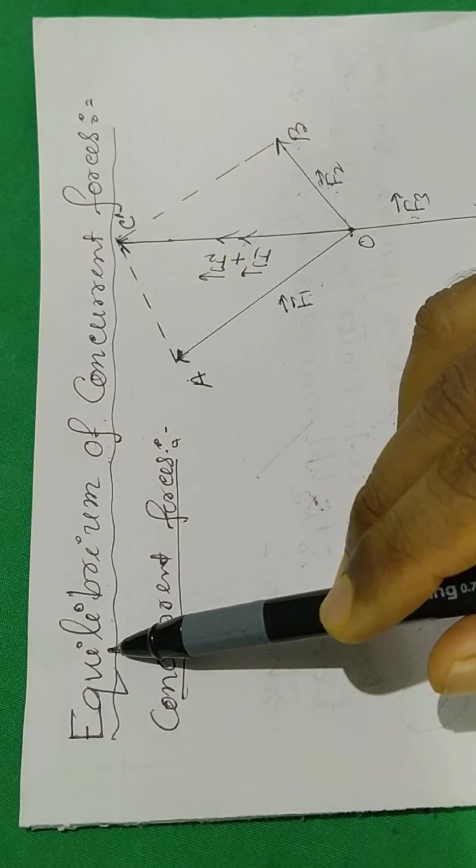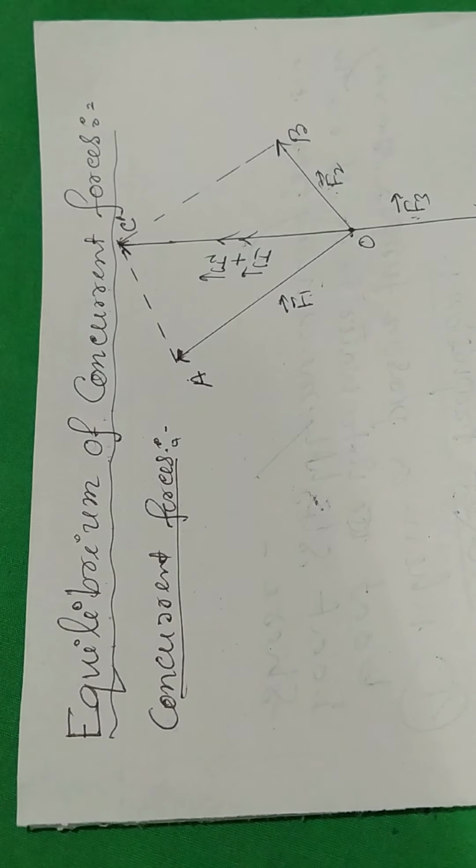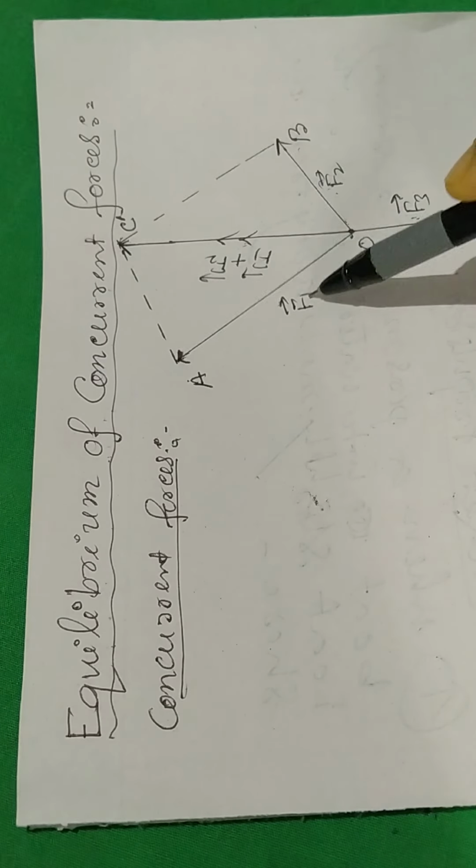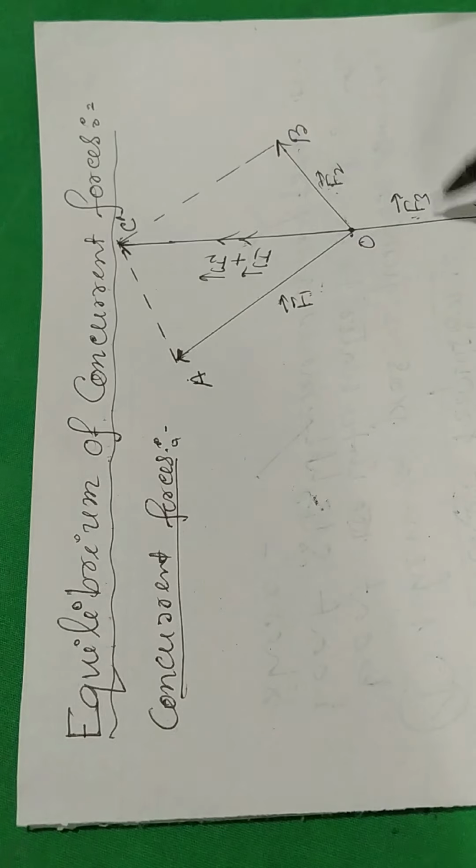Now, what is called equilibrium of concurrent forces? A number of concurrent forces are said to be in equilibrium if their vector sum is 0. So, here you see these three forces F1, F2, F3.